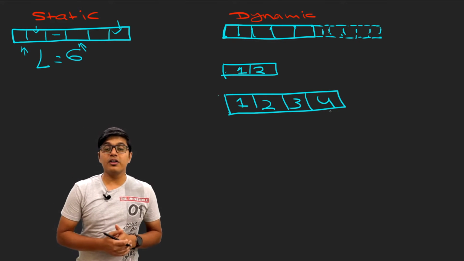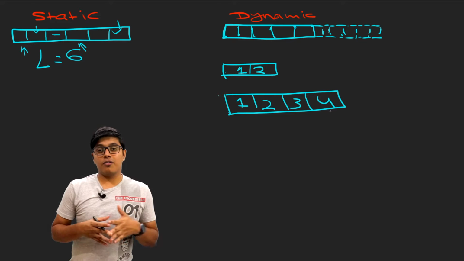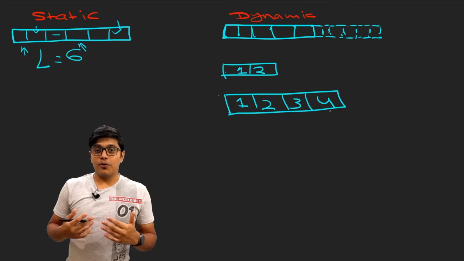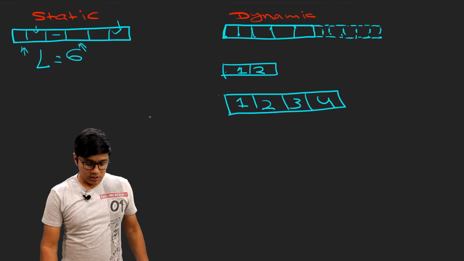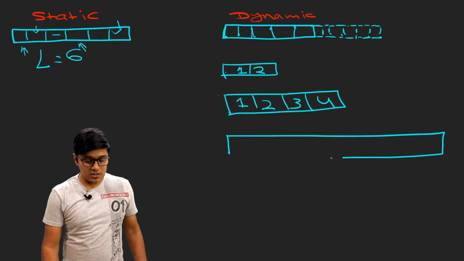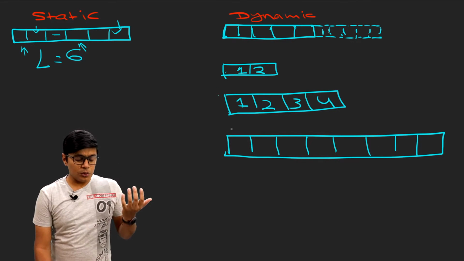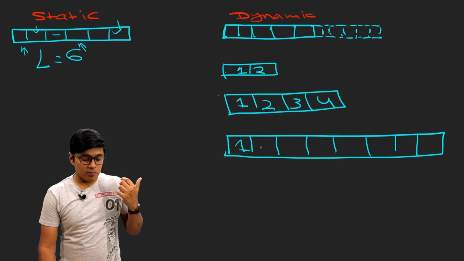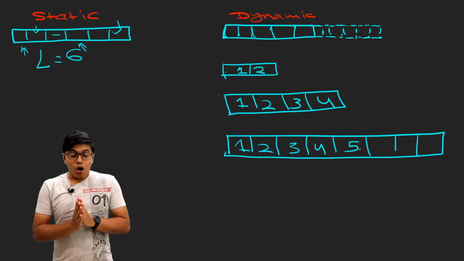Okay, the 4 will be here, and again you push 5. So what will it do? It is going to create another array of length 8, and again as I told you, it will copy all the data from here and push the value 5 here. So you got what is happening.